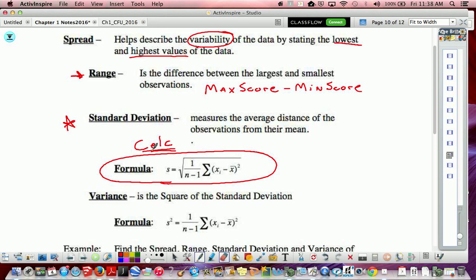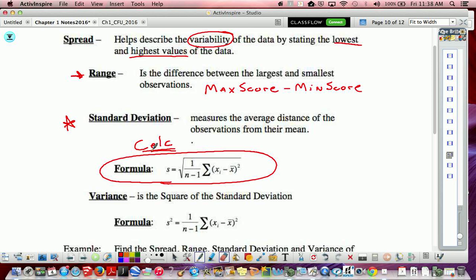Hence why we subtracted 1, because you need at least 2 to get your first measurement of spread. Does that make sense? That's going to be important in a lot of our formulas. You'll see that we'll divide by n minus 1 or n minus 2 when we start dealing with linear regression. That's a few chapters from now.